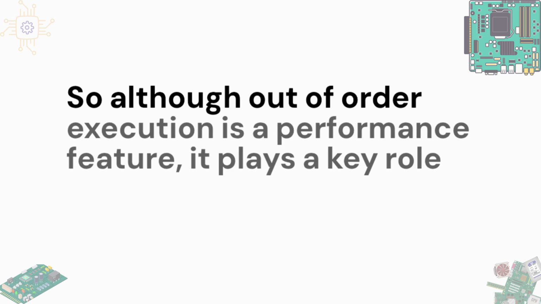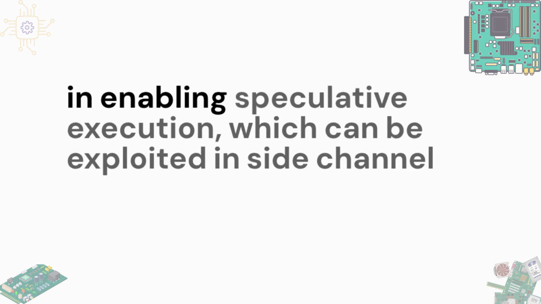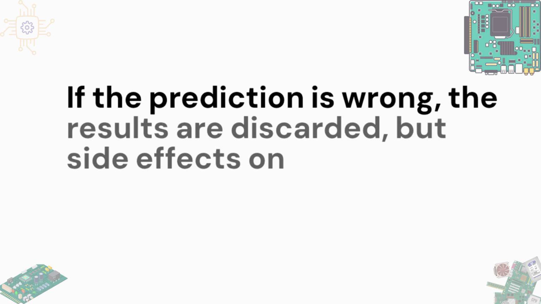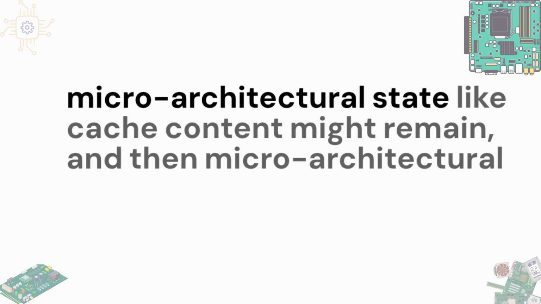So, although out-of-order execution is a performance feature, it plays a key role in enabling speculative execution, which can be exploited in side-channel attacks. With speculative execution, the CPU predicts branches and executes instructions ahead of time. If the prediction is wrong, the results are discarded, but side effects on microarchitectural state, like cache content, might remain.